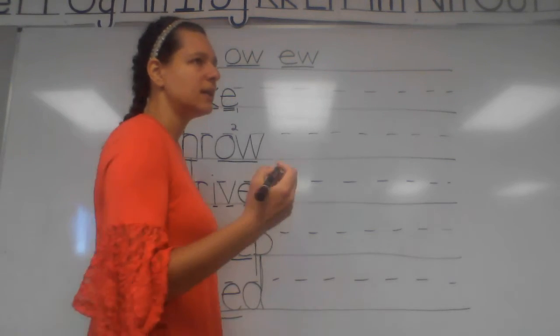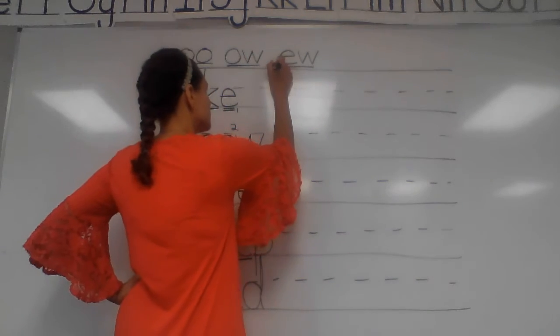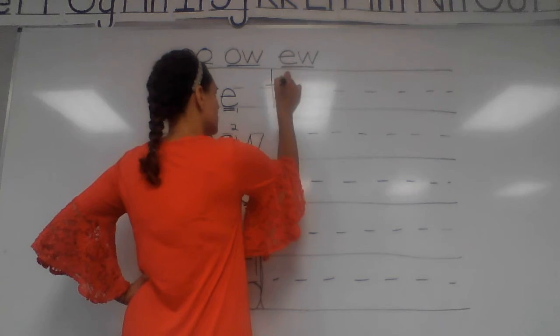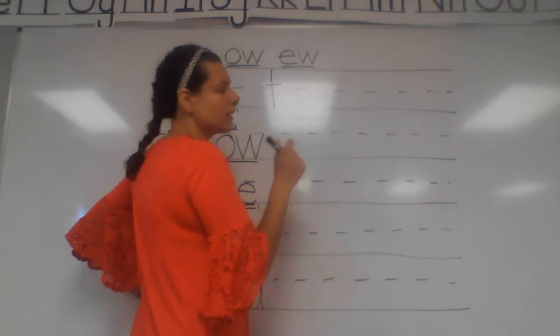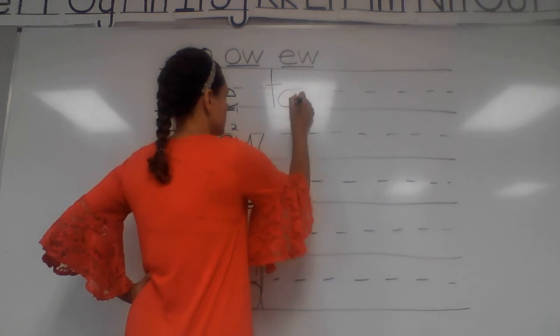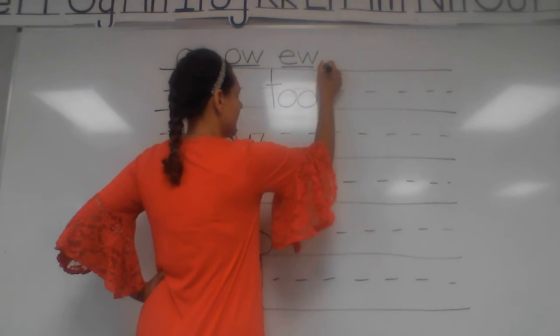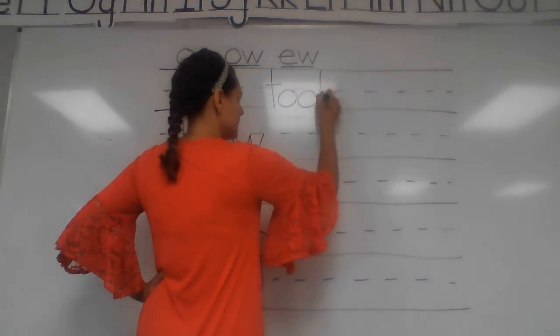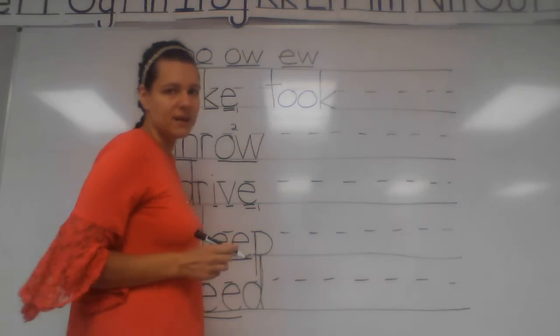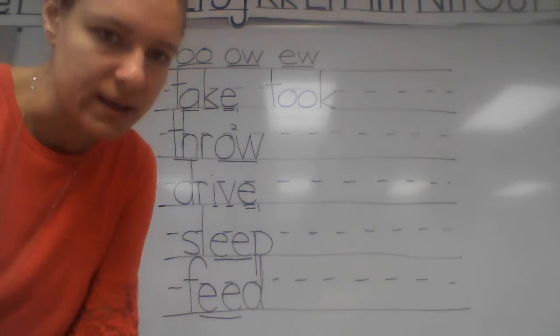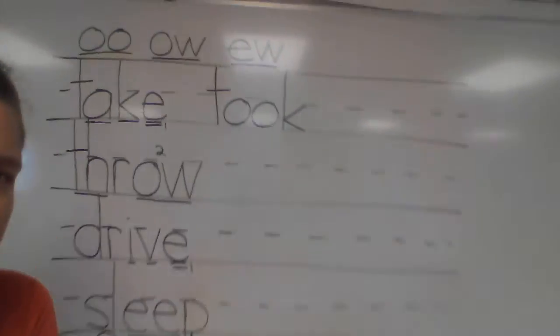All right, class, what do I need to write to spell took? Which U? Good. U. And which k? Good. Line letter k. All right, make sure yours looks like mine. It's hard to see because of the glare.